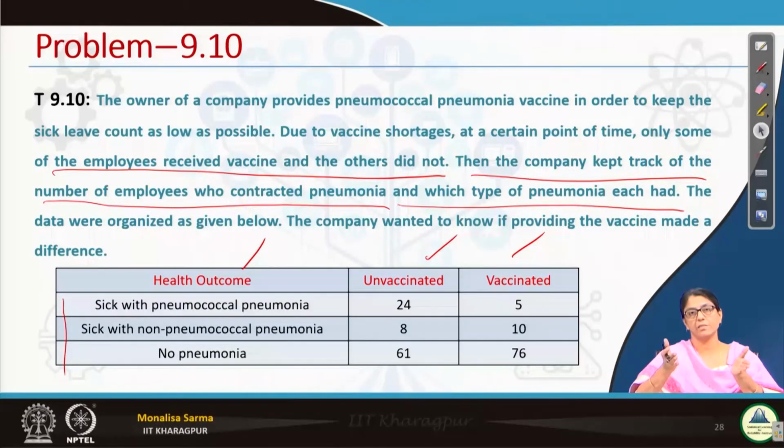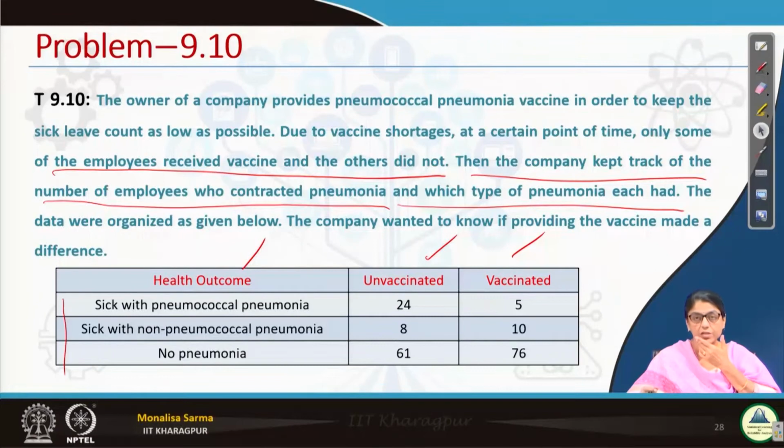If it falls in the acceptance region, that means providing the vaccine does not make any difference. There is no correlation between people contracting pneumococcal pneumonia and whether they are vaccinated or not vaccinated.